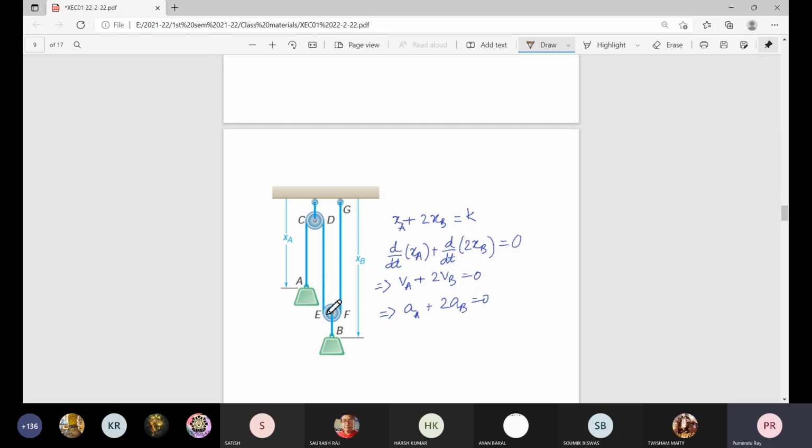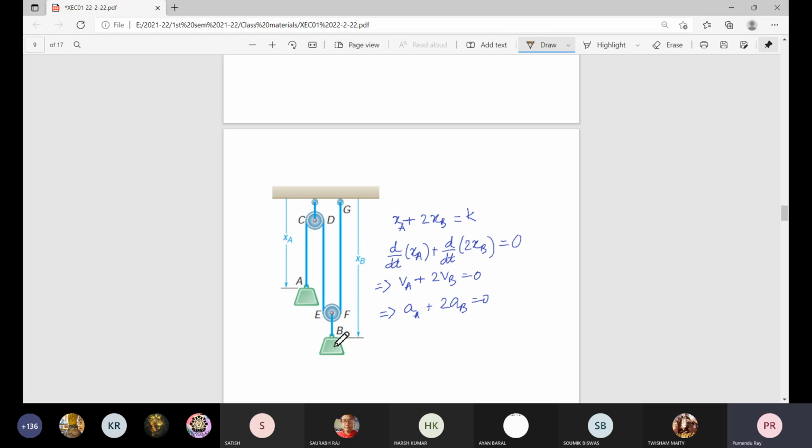Normally we use these pulleys as frictionless, weightless, etc. And from the center of the pulley, a second mass is hanging. Second block B having suppose mass M subscript capital B.